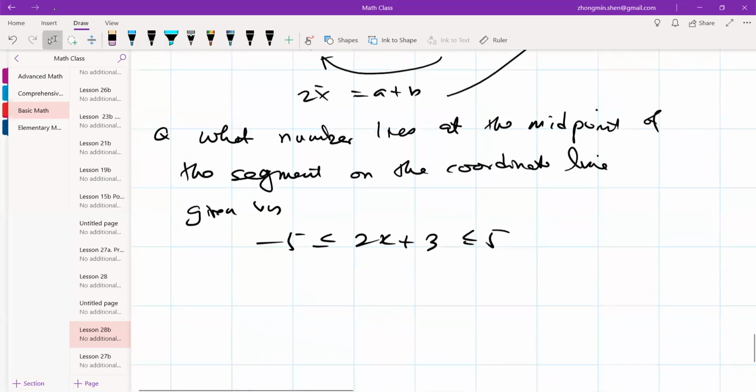So step 1, you have to describe the segment set given by this inequality. Then you find the midpoint.